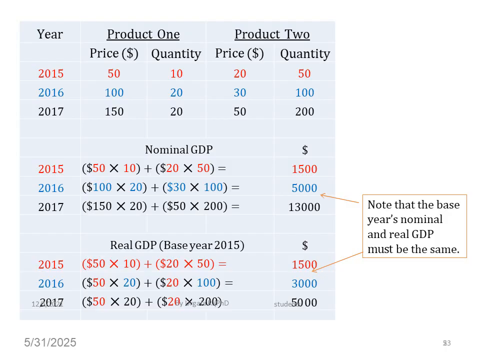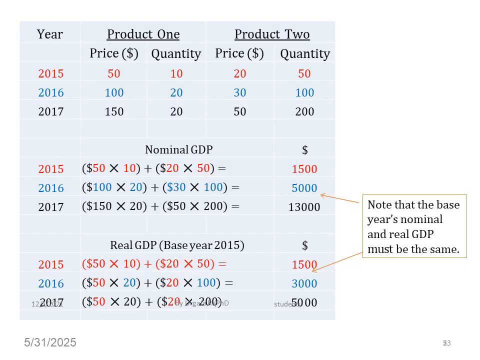Plus $20, which we take from the 2015 price for product 2. We cannot use 30, rather we use 20 because we use the base year price, but we use the 2016 quantity.